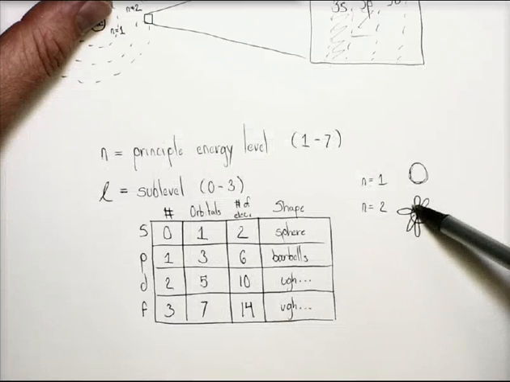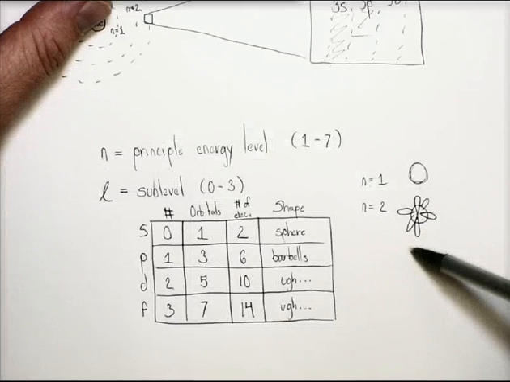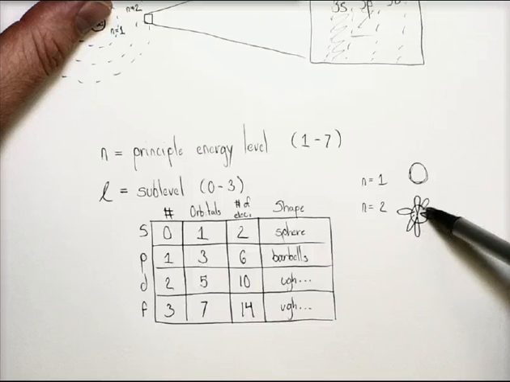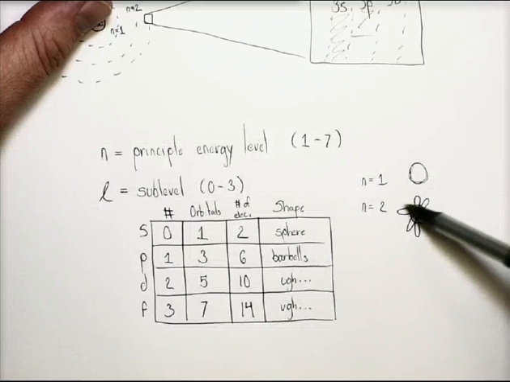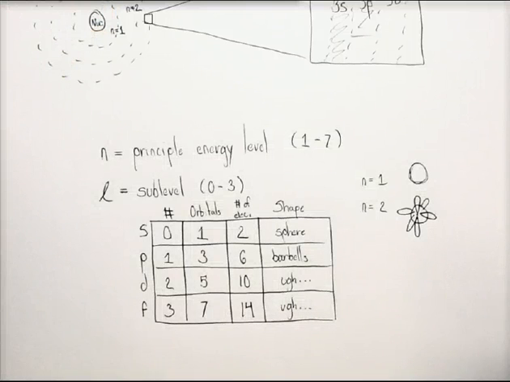Each one of these lobes is part of a P orbital, and then as it gets more complicated, you add the D and the F orbitals as odd shapes surrounding this. So the shape of an atom is actually fairly complicated.